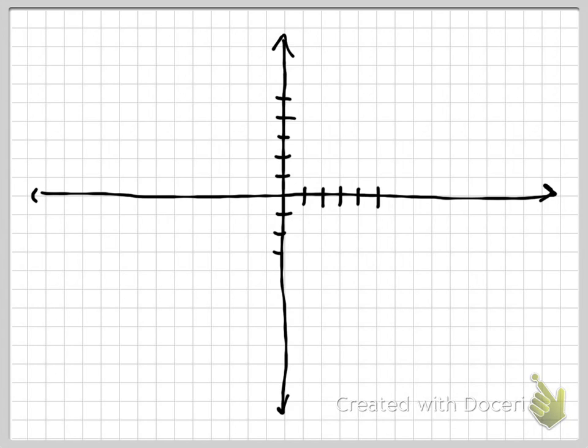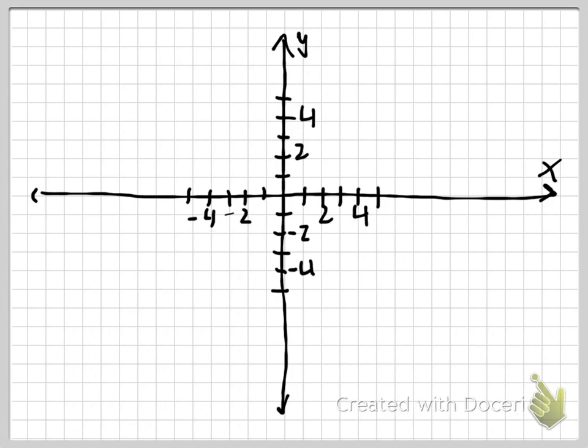I was hoping I was going to be able to go 2, but I can't. So I'm going to label every other number the evens. X-axis, Y-axis. And we're going to go from A and we're going to go to B.